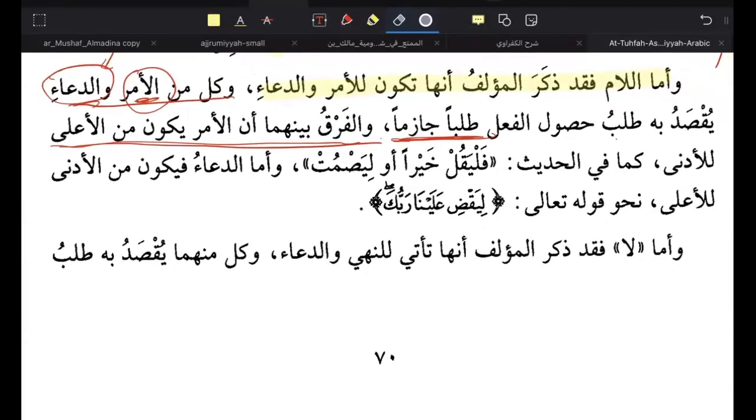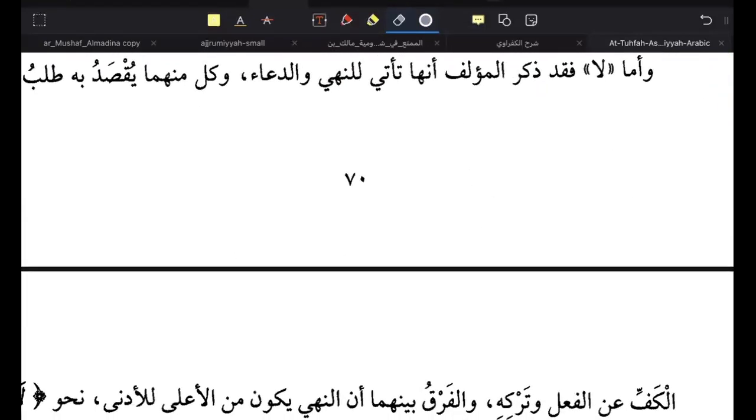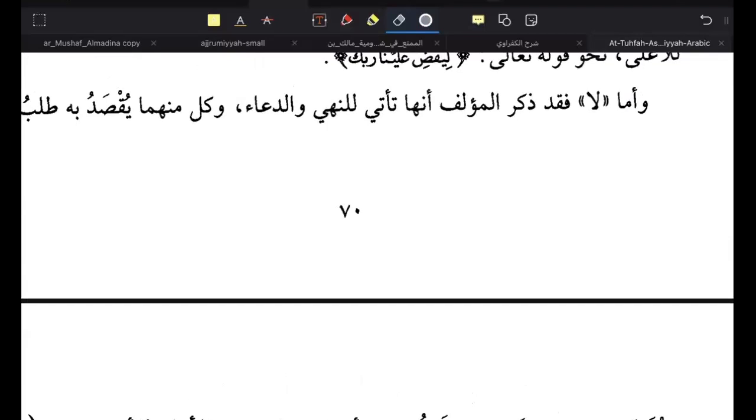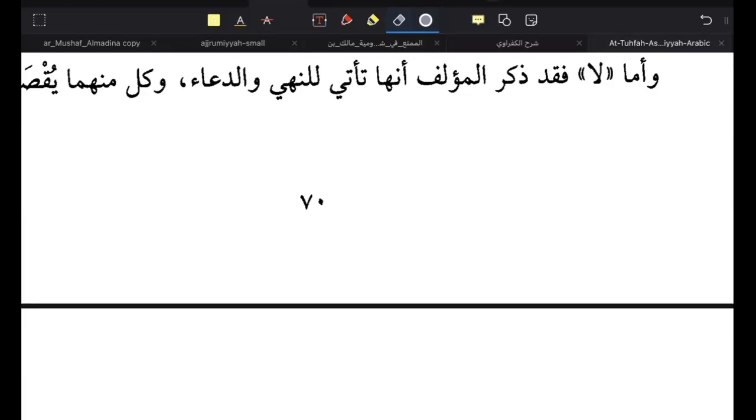The command verb is not only for this one, it's also for the command verbs. When you say idhab, if'al, any command that you make, whether the command is a command or it's a dua or it's a suggestion, it will be based on who you are addressing. You understand? The verb itself will morph into different meanings based on who you're addressing.